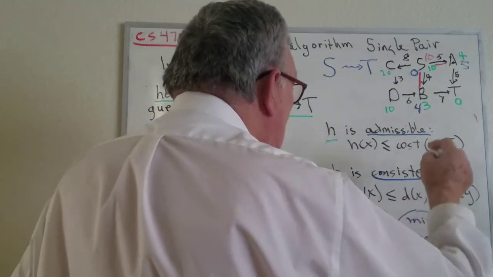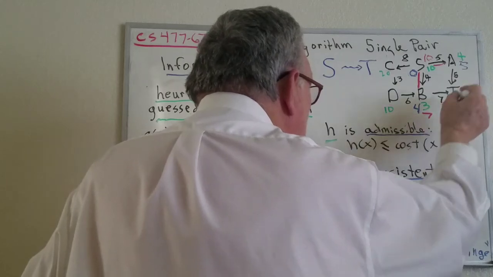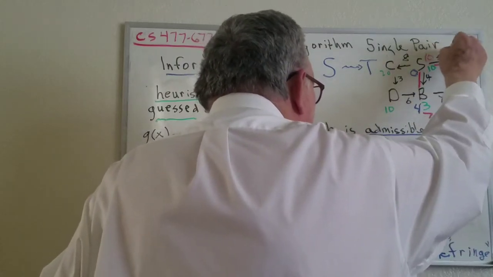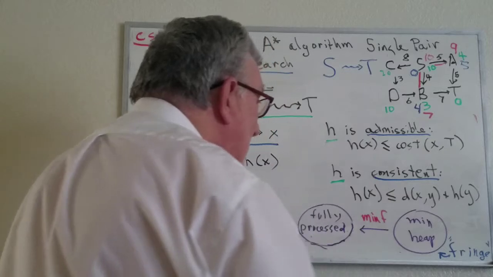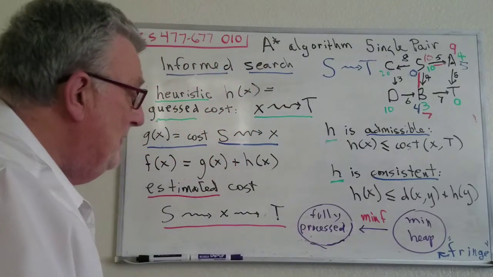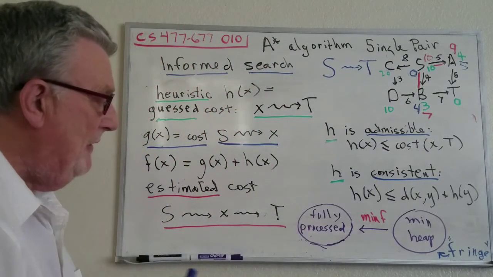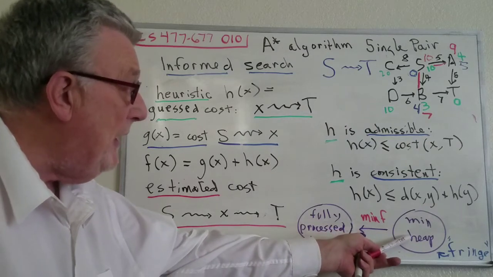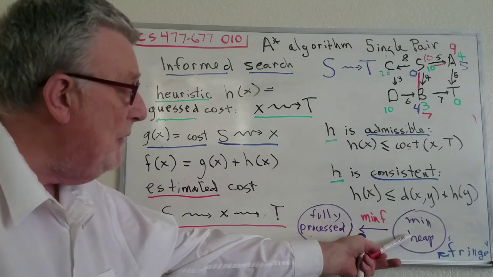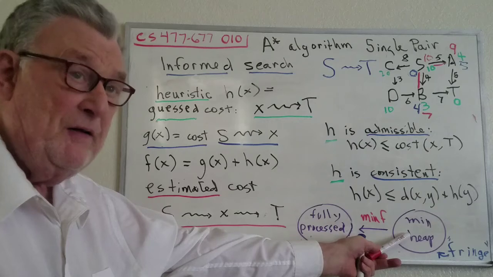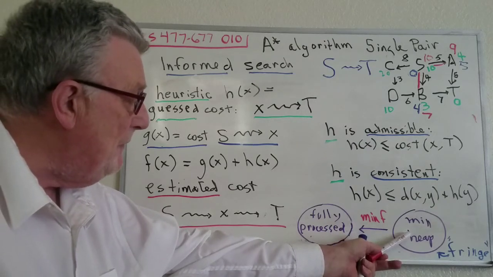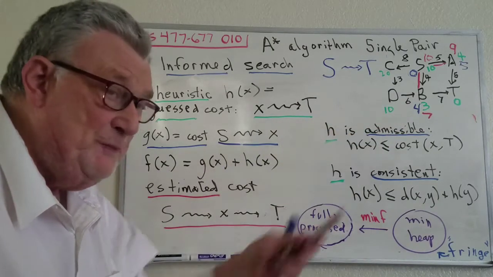And here we get a value of 7 and a value of 9 for the estimate by adding the blue and green numbers there. So now at this point, S is no longer here, but A and B are here. And the one we delete is the one with the smallest value of the estimate, which is B.